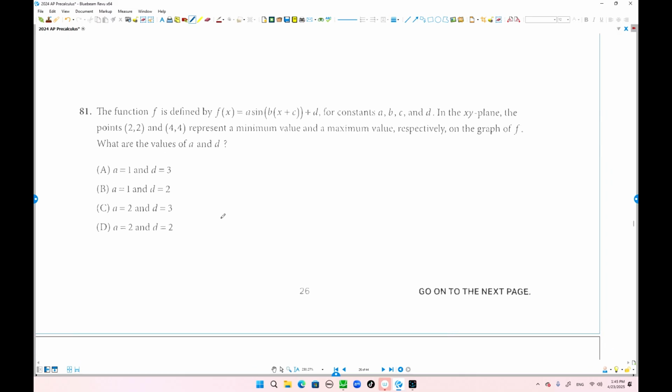Number 81, we have a sinusoidal function over here. You already got the amplitude. If this is negative, the negative means we're going down anyway. Amplitude is a positive number. So B is the b value, the number of cycles in 2 pi. Remember, not only in 1 second, but in 2 pi.